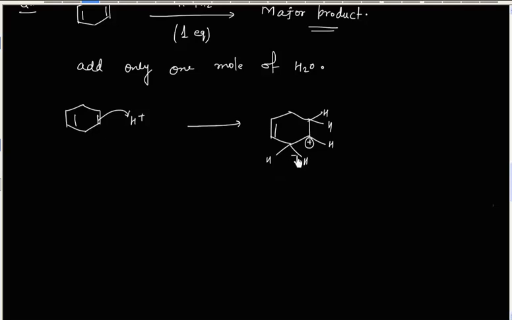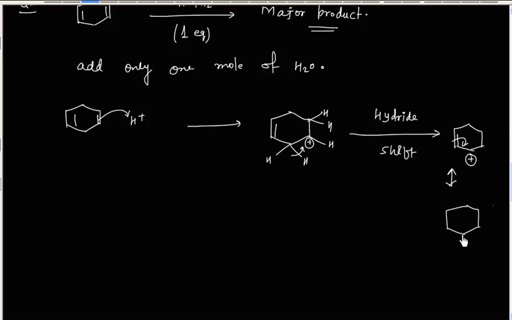Now we can do hydride shift to generate a more stable carbocation. And that will generate a more stable carbocation. Now this carbocation is more stable because of resonance stabilization. So we can write another resonating structure for same carbocation.